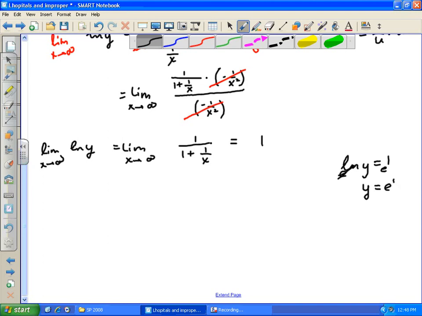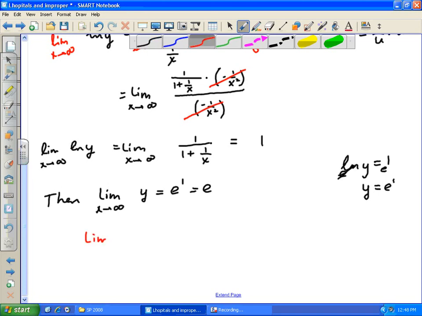So if you know the limit of ln y as x goes to infinity is 1, the answer to the original question then will be what? E to the 1 or e. So if ln y goes to 1, then the limit of the original question, which is what we called y, is going to be e to the 1 or e.